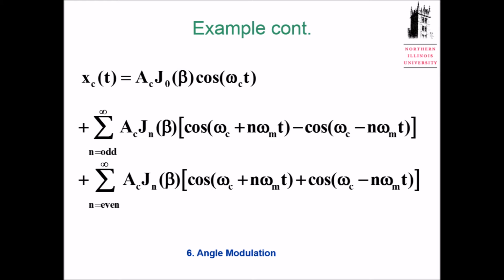Here, omega C plus N omega M will be harmonics, away from your omega C. Bigger N is a little further away, smaller N will be closer to your fundamental carrier frequency. So I have unlimited sidebands or unlimited harmonics around omega C. How big each is depends on your original amplitude for the carrier, also the Bessel function. And I'm going to show you.